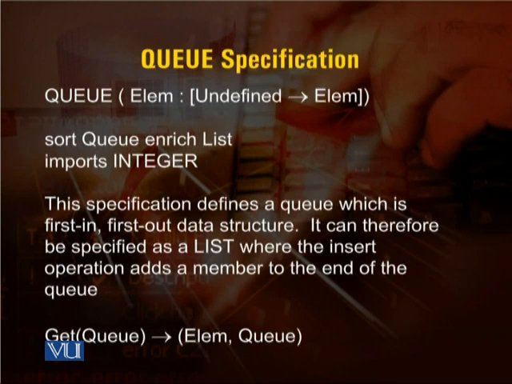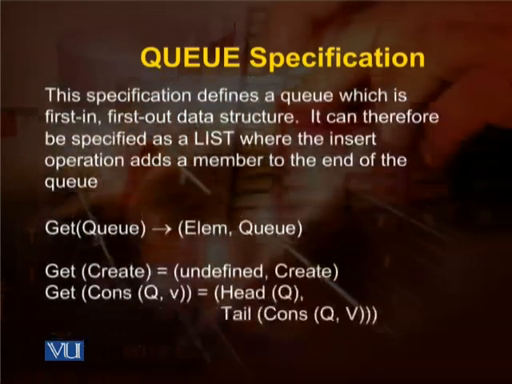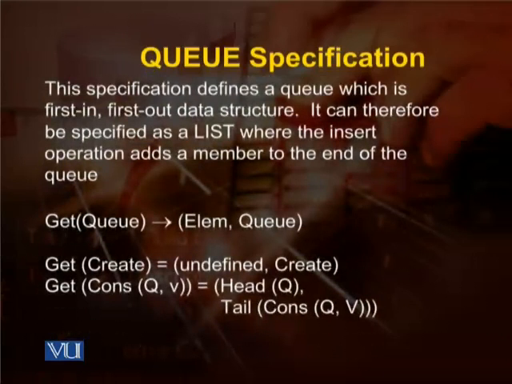Once again, the same mechanism that we saw earlier. We have this new method get queue, which returns two things, element and the queue. So in this particular case, now we have two things. We write this get in terms of create and cons. It is very simple.